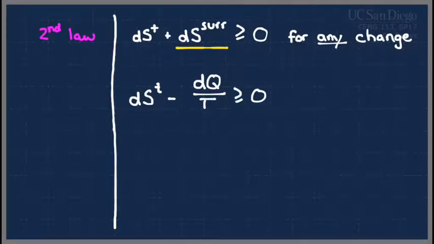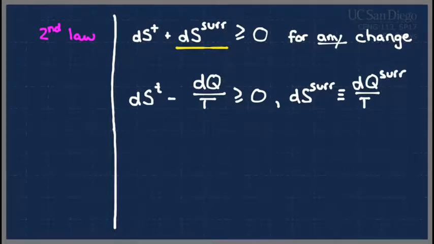The reason that we can do that is because the change in entropy of the surroundings, or really the change in entropy of a reservoir, and we're counting the surroundings as a reservoir, was defined as dq over T. We had that definition.